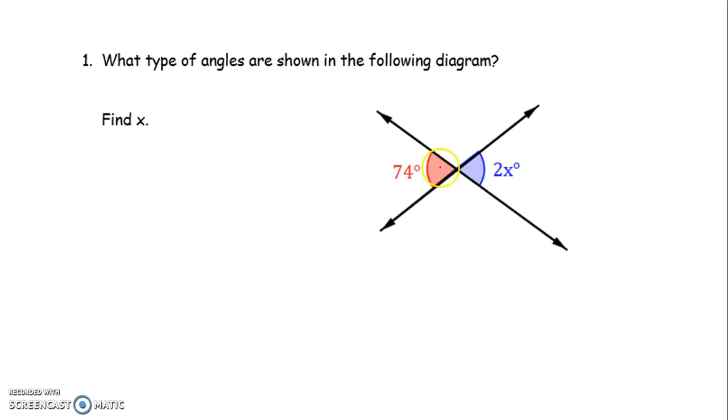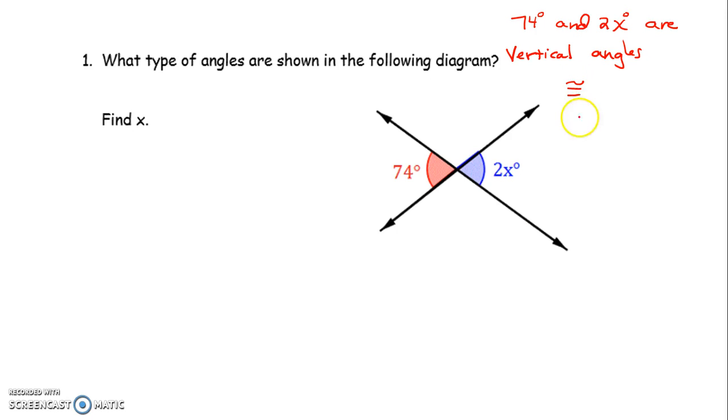Well, we know when two lines intersect, angles opposite one another are called vertical angles. And as soon as you know we're dealing with vertical angles, so the 74-degree angle and the angle labeled 2x are vertical angles, you know they have the same measure.